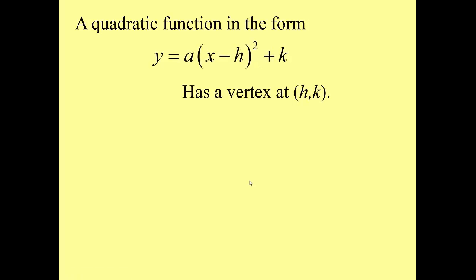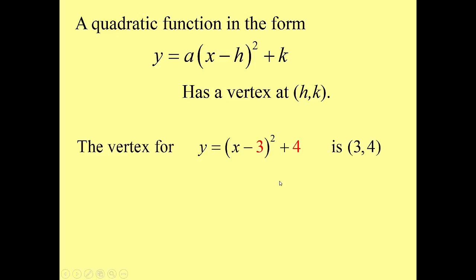Now finally, I just want to point out that sometimes you'll see quadratic functions already written in this form, and it's real easy to determine what the vertex is without even looking at the vertex formula. If you've got in parentheses x minus 3 squared, and then outside of the parentheses plus 4, well, the 3 and the 4 are the vertex.